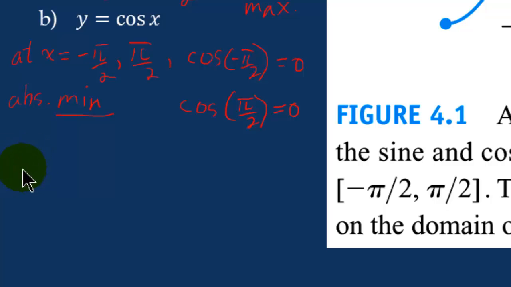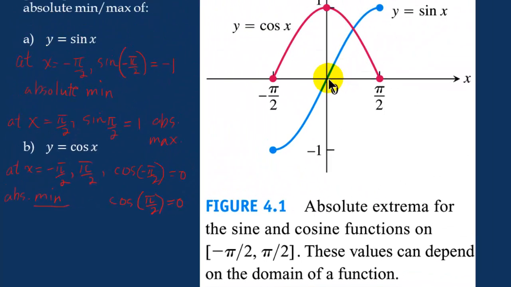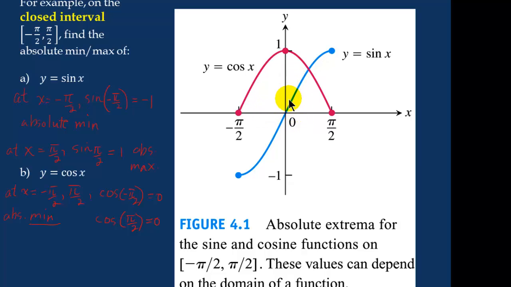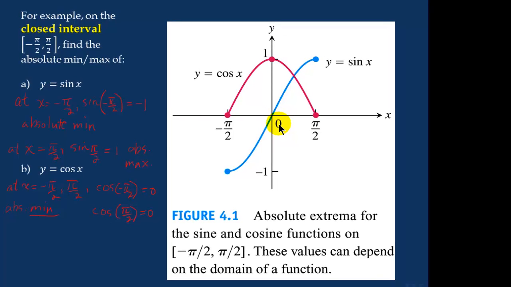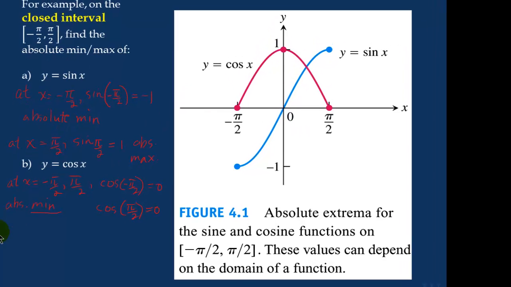Okay. Now what about the maximum value of the cosine function? Well, the maximum occurs when the angle of cosine is 0, because cosine of 0 is equal to 1.